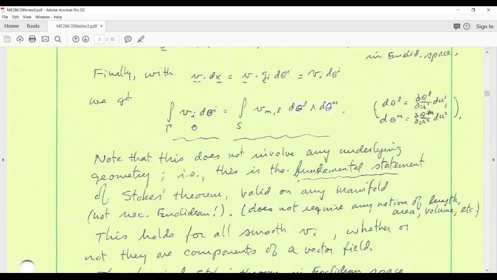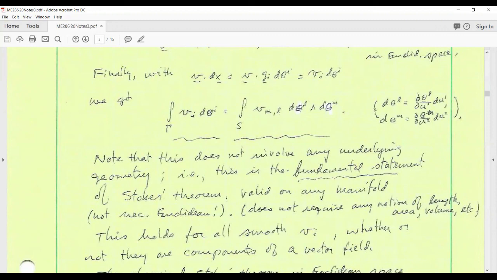On the left, we have what's called a one form. Think of it as a covariant vector field integrated against the coordinates. On the right, we have what's called the exterior derivative of that one form, the exterior derivative involving this wedge product and a partial derivative.